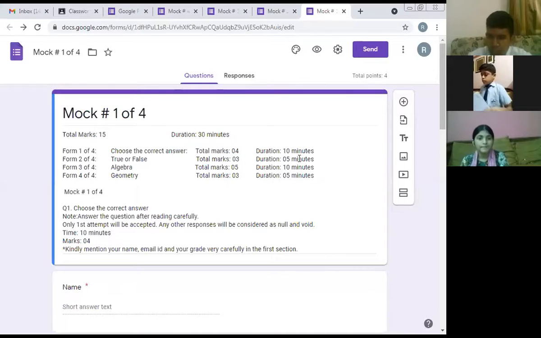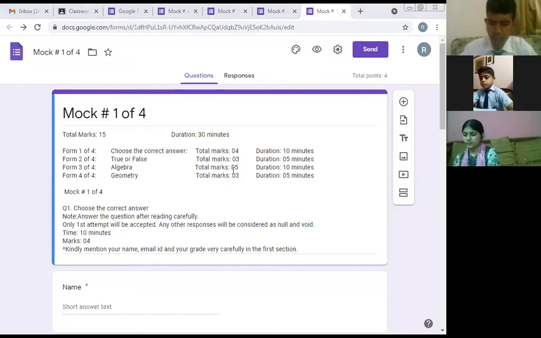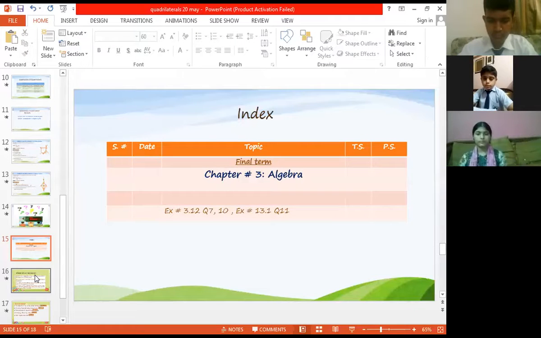It will be of 10 minutes, ठीक है। 12:30 से 12:40 तक आपके पास form 1 आएगा। Form number 2 is of true false, 3 marks का होगा, जो कि 5 minutes 12:40 till 45 आएगा। Then form number 3 will be of 10 minutes 12:45 till 12:55 तक। Then form number 5 will be of 5 minutes and it will be uploaded at 12:55 till 1, ठीक है। तो परेशान मत होइएगा, it will be uploaded properly. 1-2 मिनट का gap आता है, doesn't matter, you will have enough time to complete it, ठीक है। बहुत time होगा आपके पास, you can complete it properly, okay. Now so where were we, we were discussing the questions.